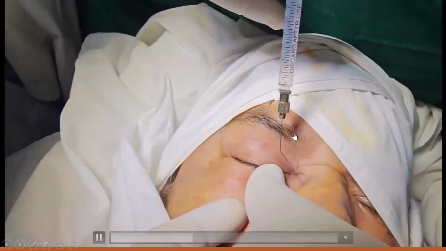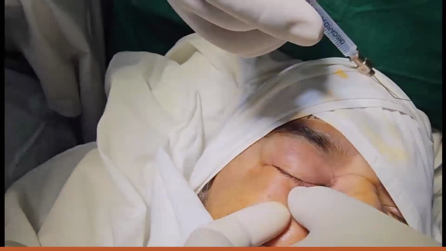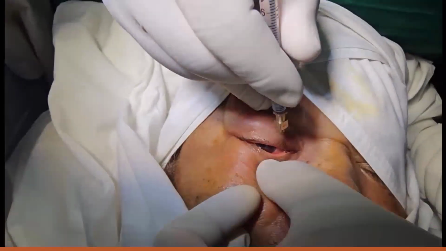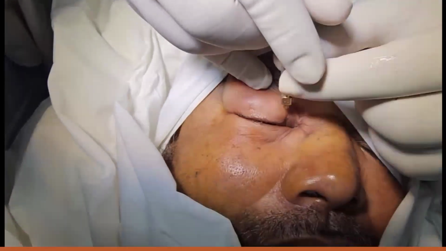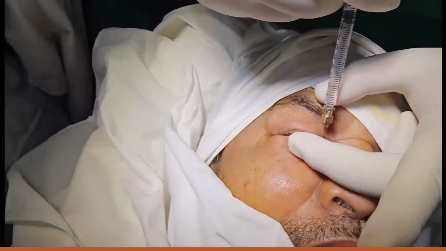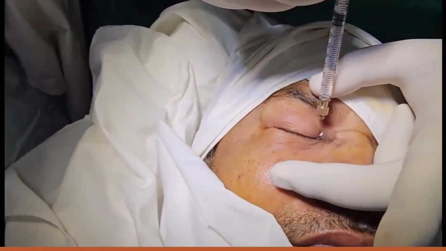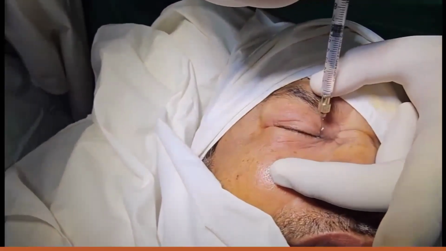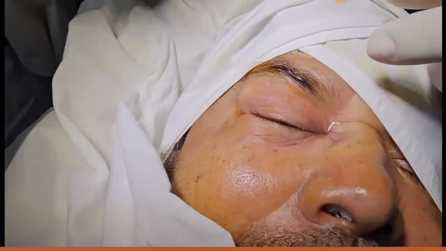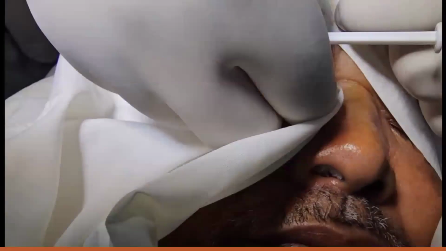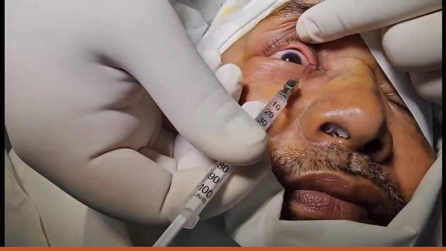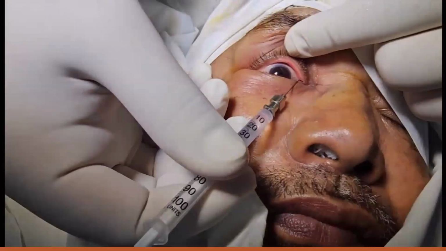syringing part. After doing the dilatation of the lower puncta, we do the SPT sac patency test with the 1 milliliter syringe, and we wash the fluid through the lower puncta. Here in this patient, the fluid comes out from the opposite puncta. So there is a blockage of the nasolacrimal duct, and we carry out the same procedure with the upper puncta also.